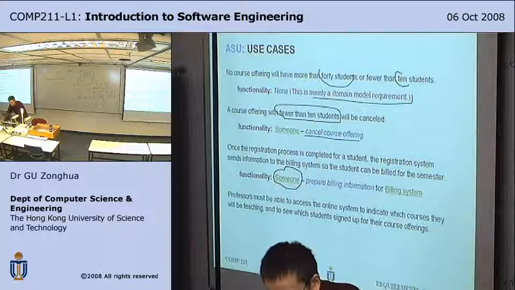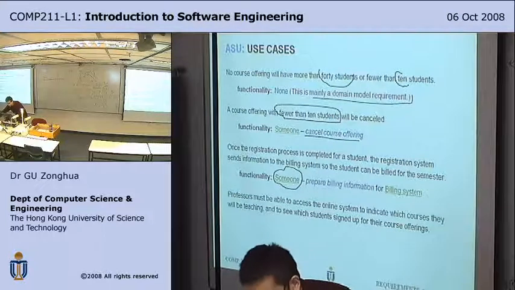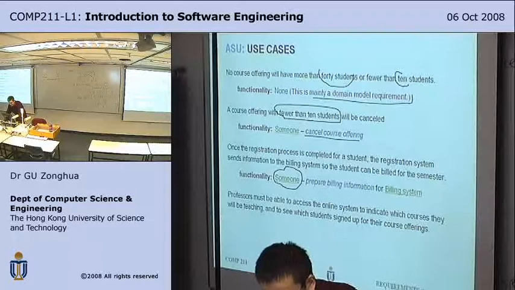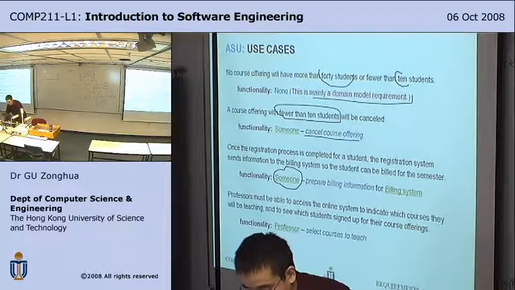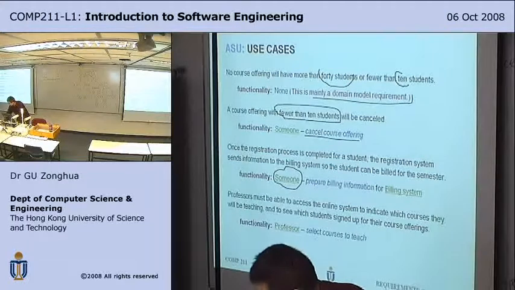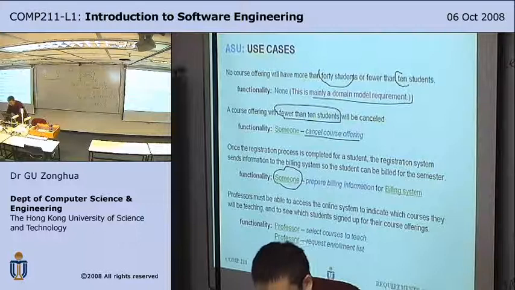Professors must be able to access the online system to indicate which courses they will be teaching and to see which students sign up for their course offerings. So professors select courses to teach.